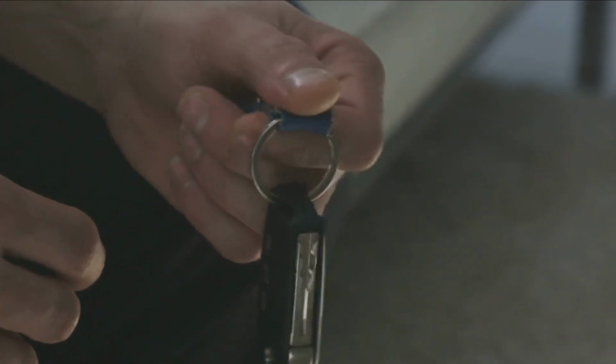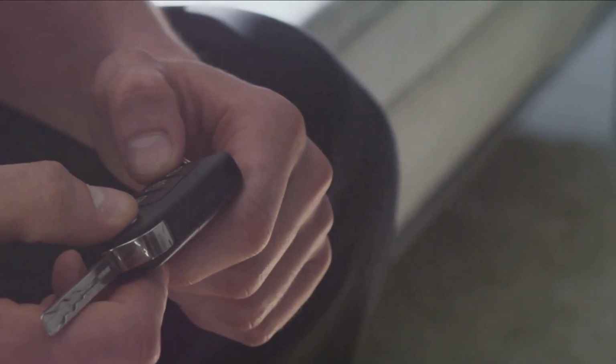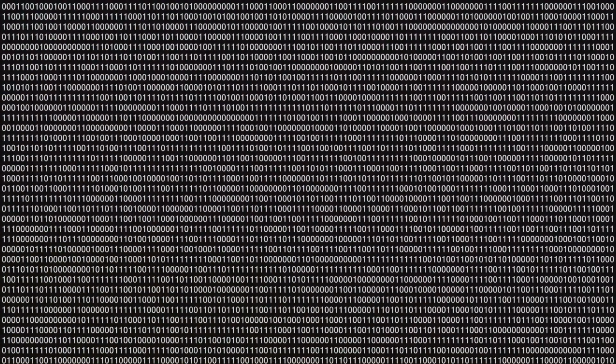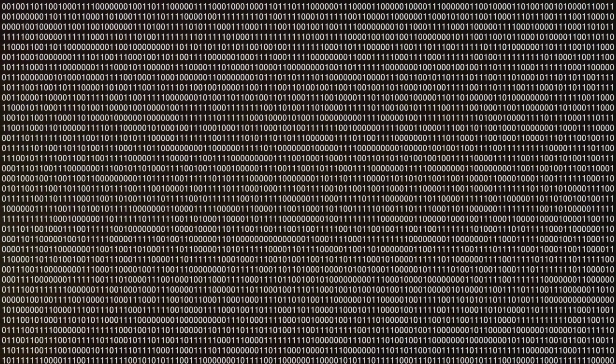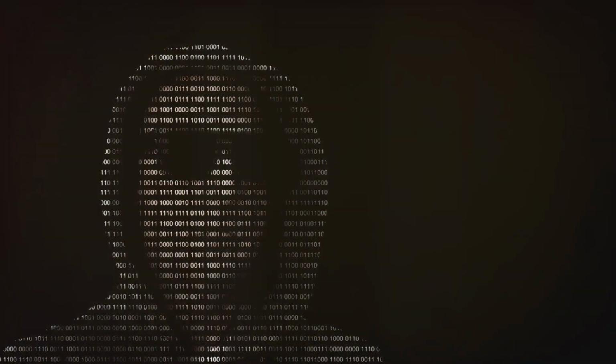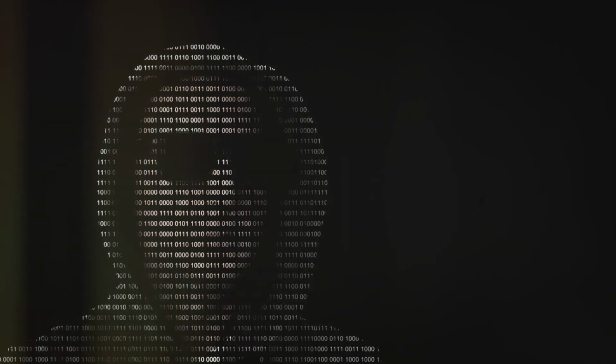The subnet mask is the key that tells us how to read the address. In the world of IP addresses, this mask is a sequence of ones and zeros. The ones represent the network address, and the zeros represent the host address. It's a binary secret agent, splitting the IP address into these two essential parts.